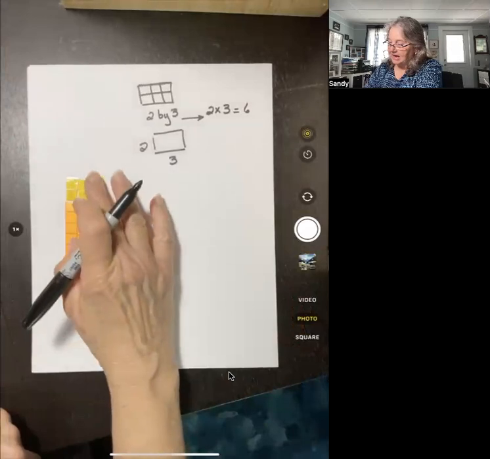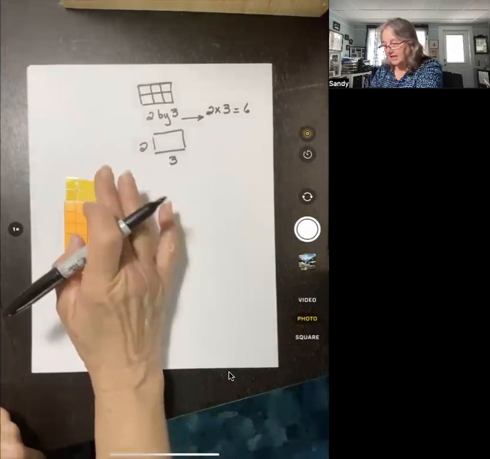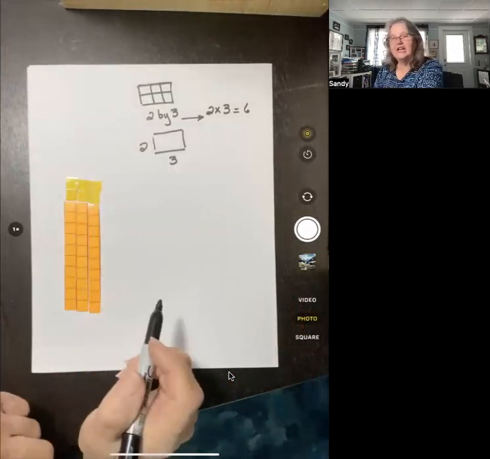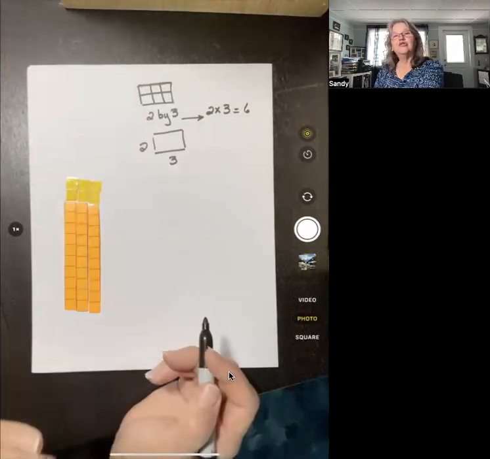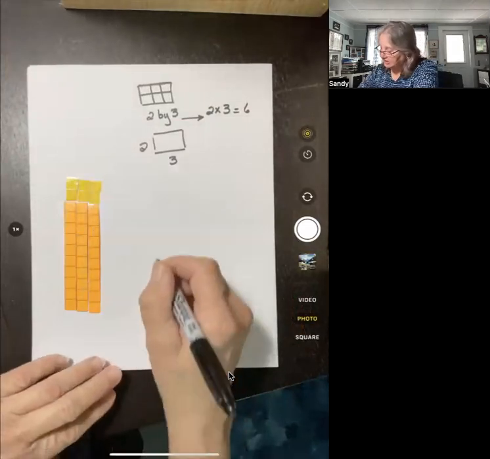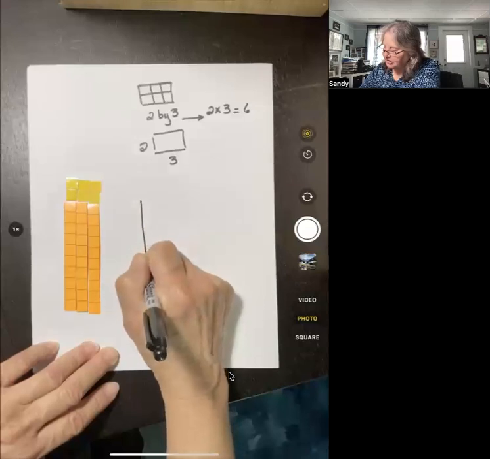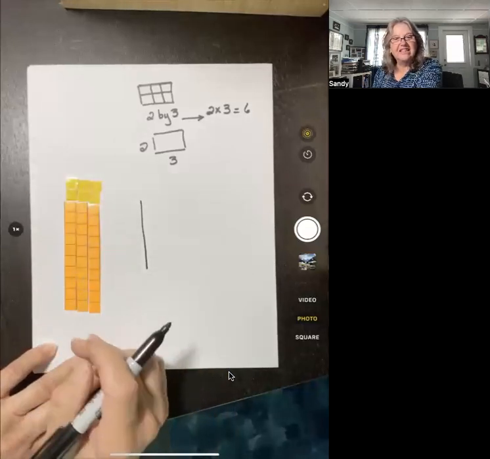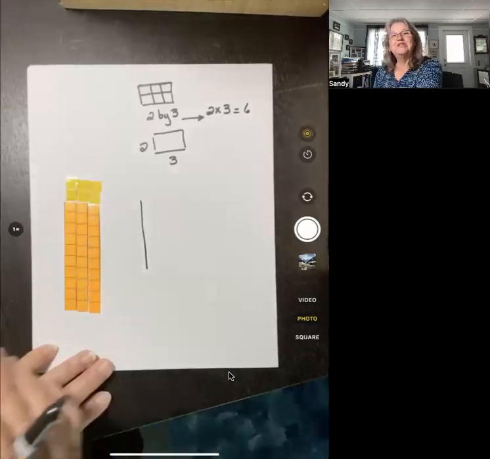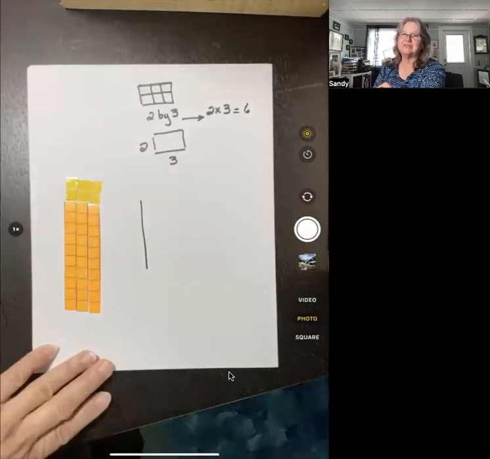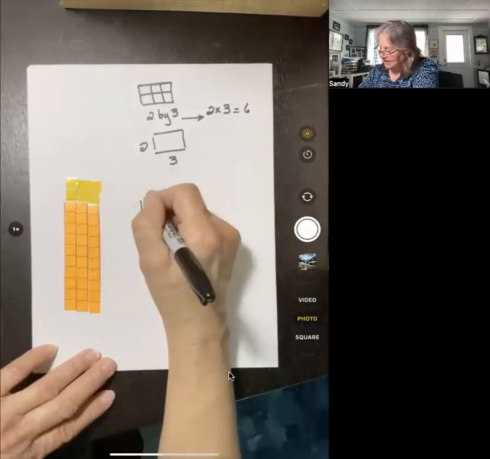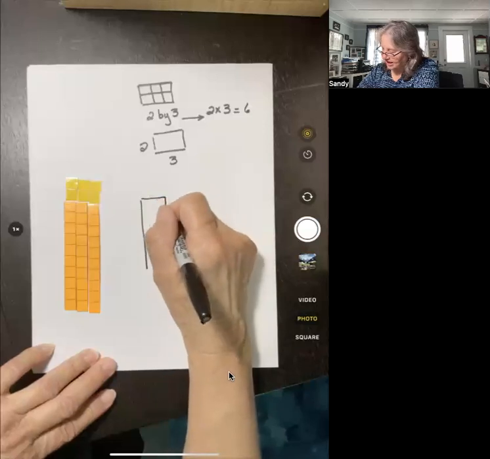And again, I have your child typically, and you have them at home if you can, build it and then draw what they see. Now, some children, they'll try to trace this and draw it the exact same size. And we need them to understand that the sketch doesn't have to be the exact same size. It can be a shorter image than that.